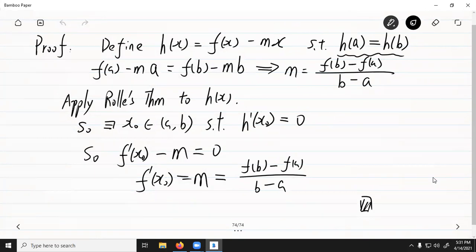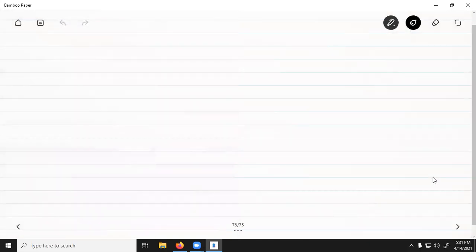Now let's look at some applications for the mean value theorem, which is Lemma 4.19.